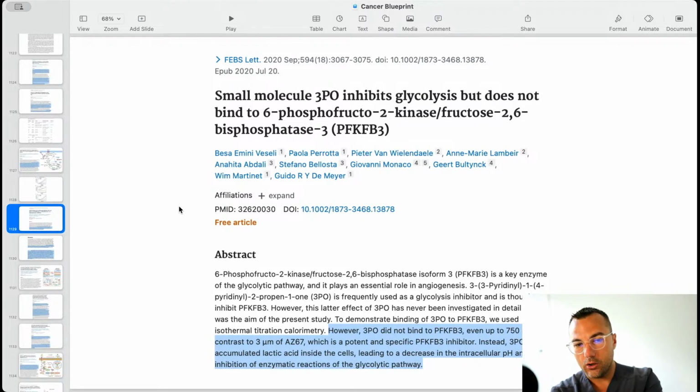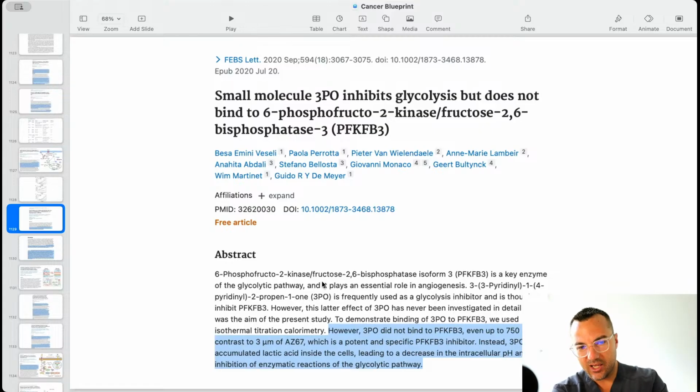Instead, 3PO accumulated lactate inside the cells, leading to a decrease in intracellular pH and inhibition of enzymatic reactions of the glycolytic pathway. And I'm actually blanking if we had talked about, I actually think it was maybe aspirin that somehow acidified the intracellular environment, which led to glycolysis shutting down. And then that was at least one of the mechanisms at a higher dose of how it worked.